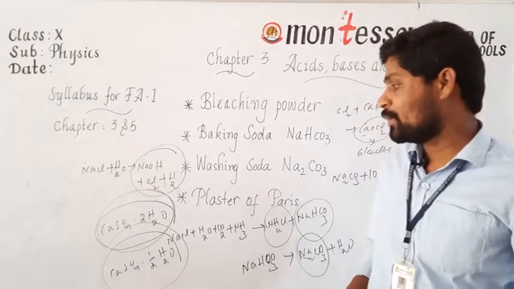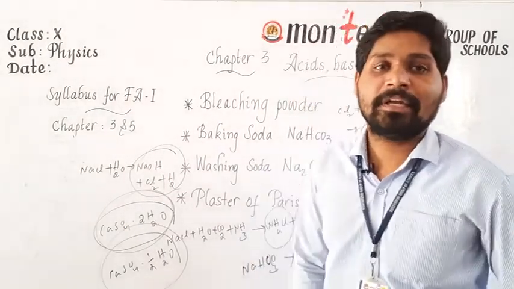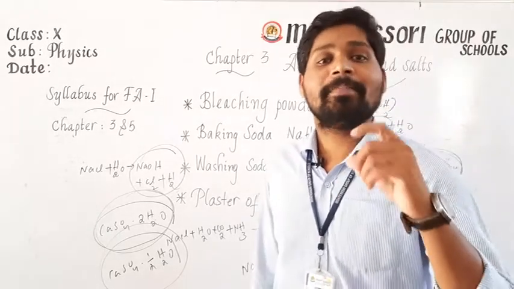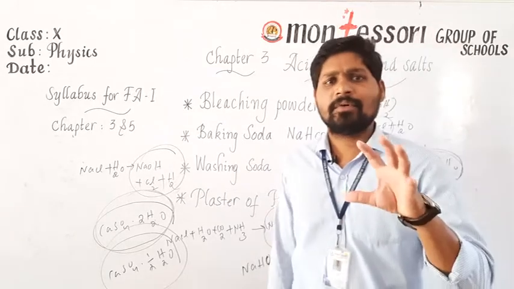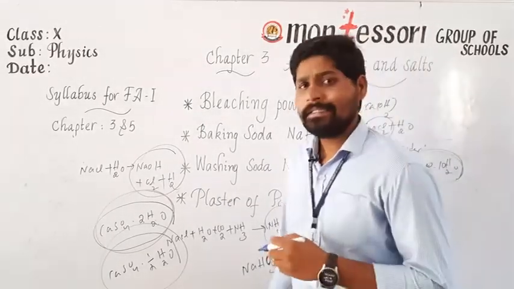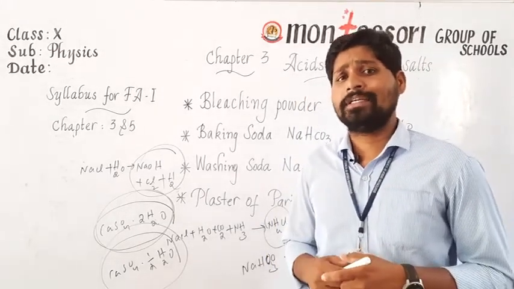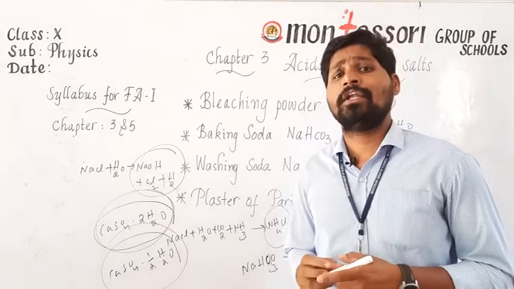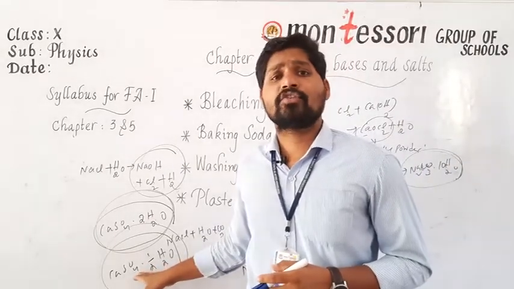CaSO4·½H2O, calcium sulfate hemihydrate, nothing but plaster of Paris. So whenever you do careful heating on gypsum, it loses water molecules and gives calcium sulfate hemihydrate called plaster of Paris.